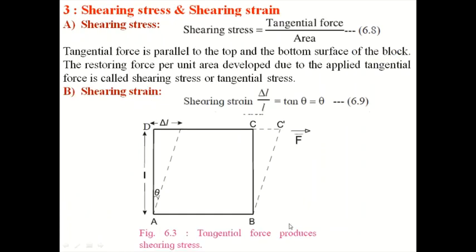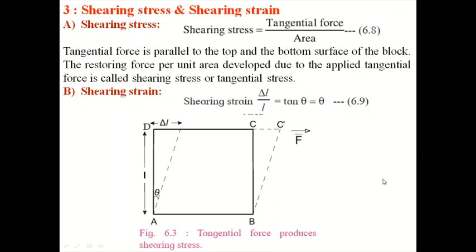After that we come to the third point, shearing stress and shearing strain. In shearing stress, let F be the tangential force acting on the surface area A. This force produces a change in shape of the body without changing the size, and is known as shearing stress.